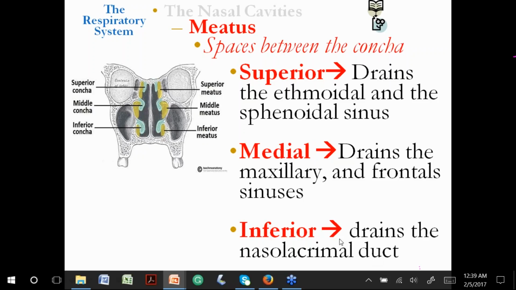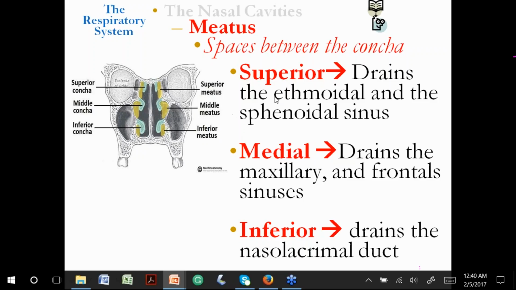Yes. So the tears are going to drain into the nose. In the eye we have a canal, a channel that is going to take the tears when we cry into the nasal cavity. So what is draining here is going to drain the sinuses and the nasolacrimal duct.